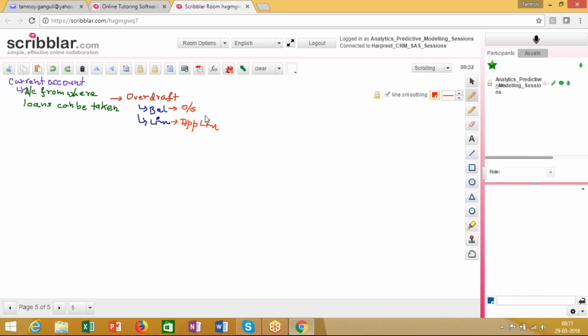Now within this approved limit, there are two parts.